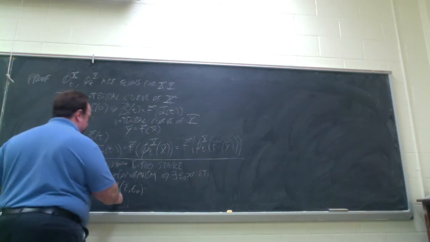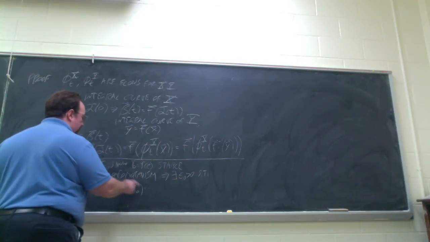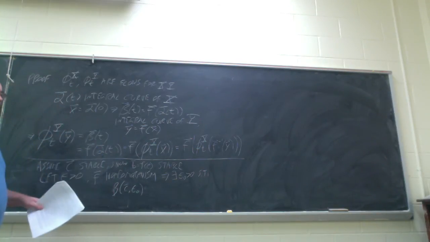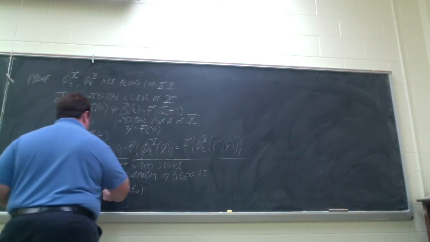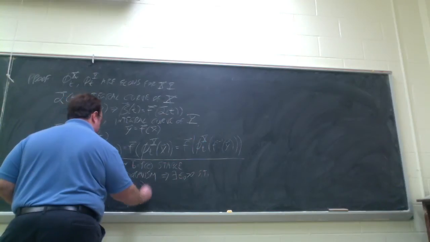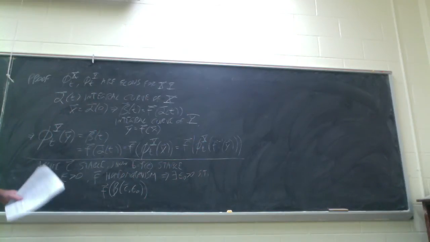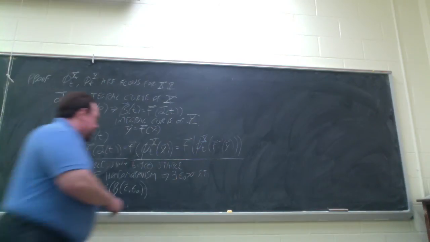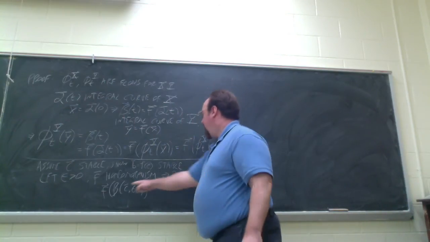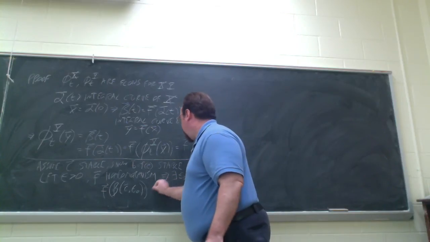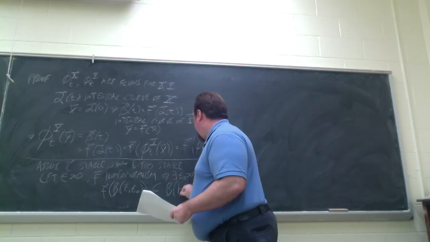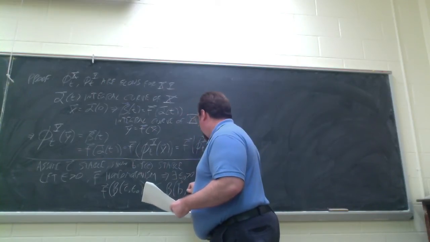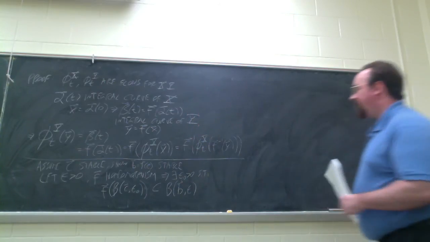So here we have all these points that are close to C. If I plug them into F, then the result needs to be close to F of C. But that's B. So because of the continuity, the image of this ball is contained within a ball that is centered at B and has radius epsilon.